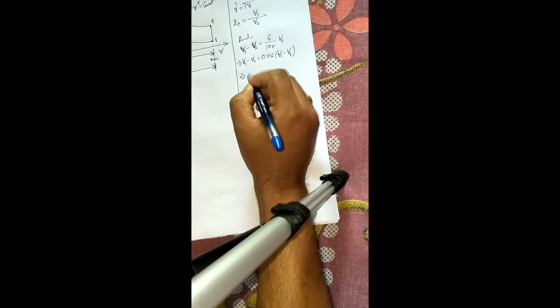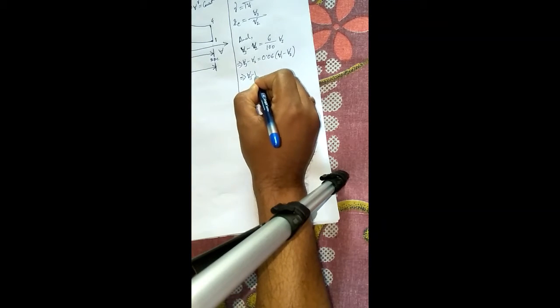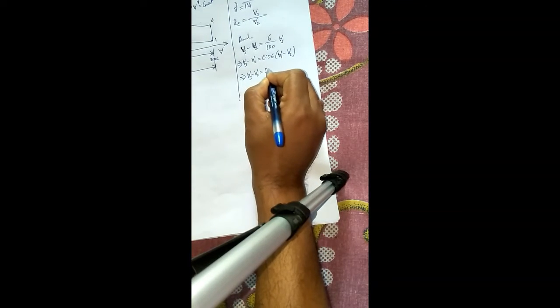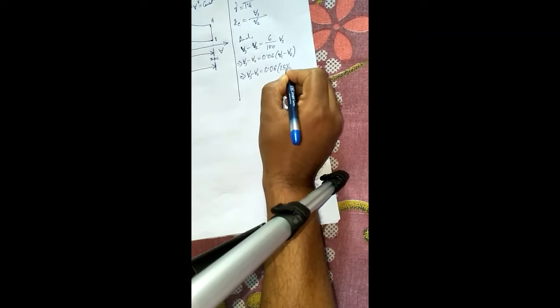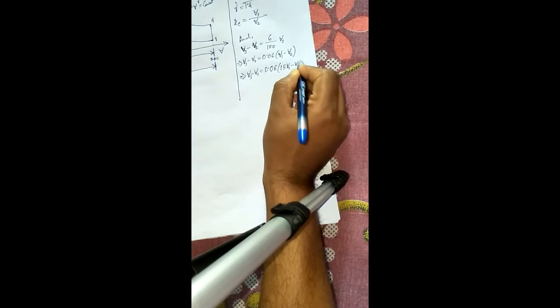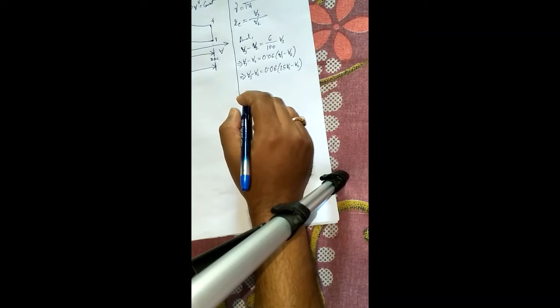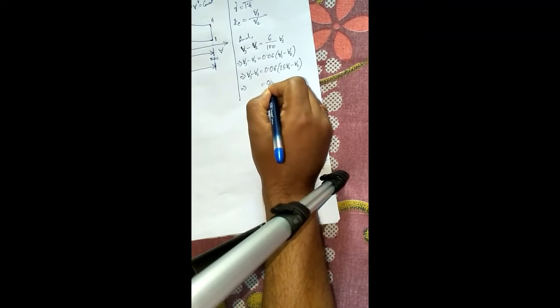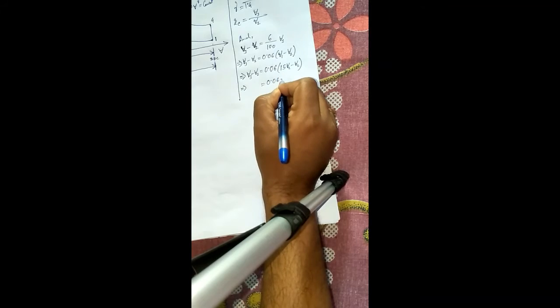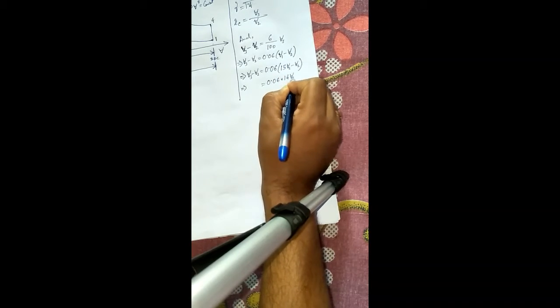Now substituting the value of V1, that is 15 V2 minus V2, it becomes 0.06 into 14 V2.